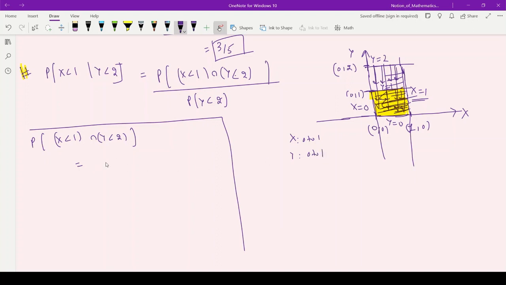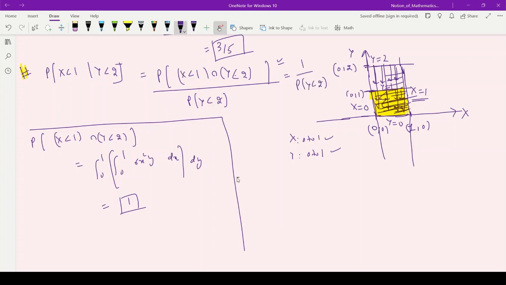So it would be the integral from 0 to 1 of 6x square y. Suppose first of all we are solving for x, both limits are constant, and then dy from 0 to 1, and we know how to solve it. So I'm giving you the final value of this, which will be 1. If I put this value here, this will be 1 upon probability of y less than 2.